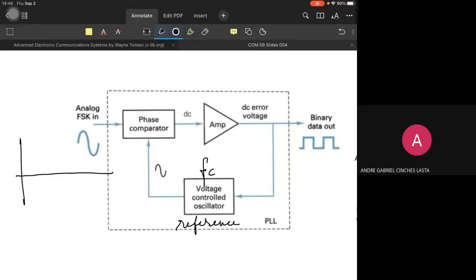Ang analog FSK input dire is same as earlier. So compare this one to the frequency of the reference.